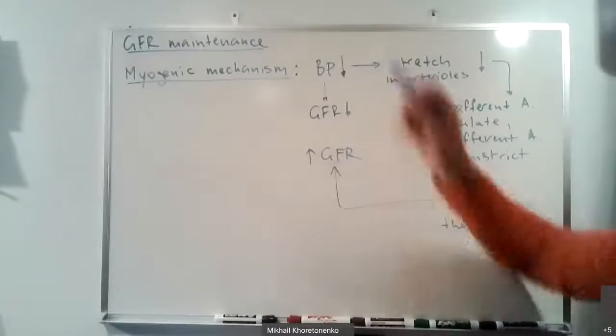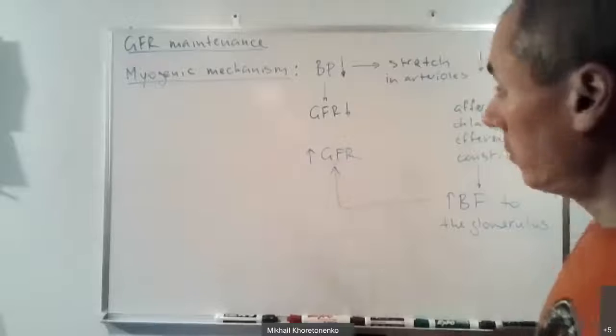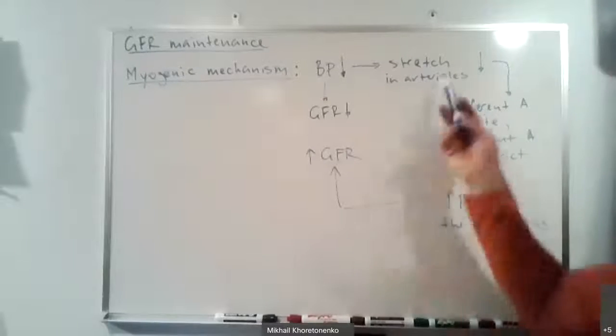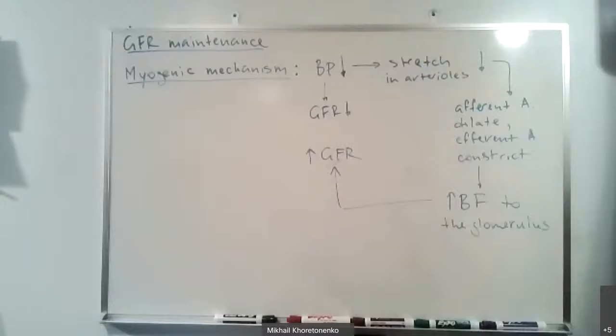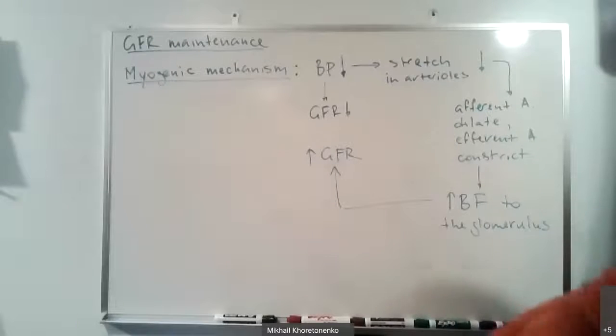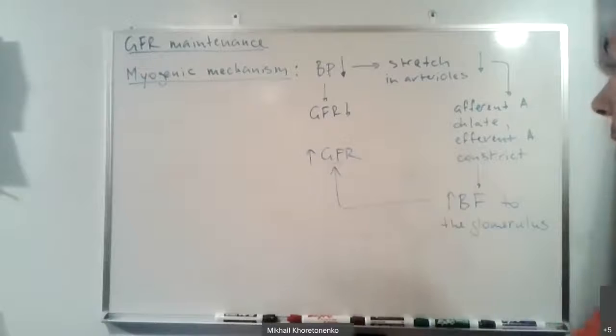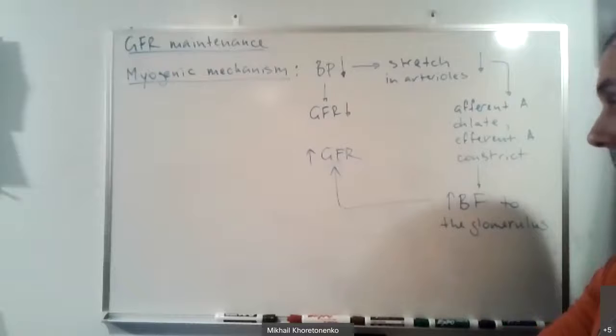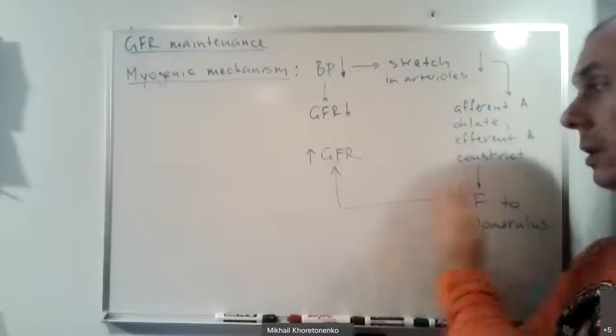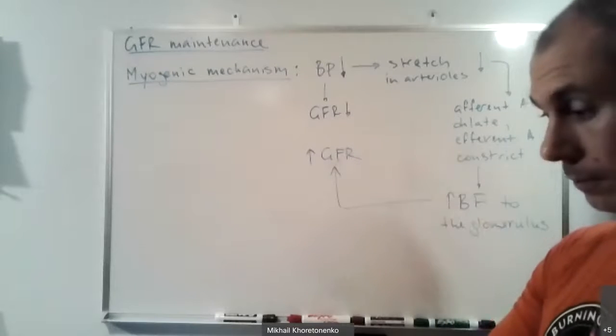So again, when blood pressure goes down, GFR goes down. But stretch in arterioles reduces, and via mechanoreceptors it is sensed, and in response afferent arterioles dilate, efferent arterioles constrict. This increases blood flow to the glomerulus, and increased blood flow to the glomerulus increases GFR.